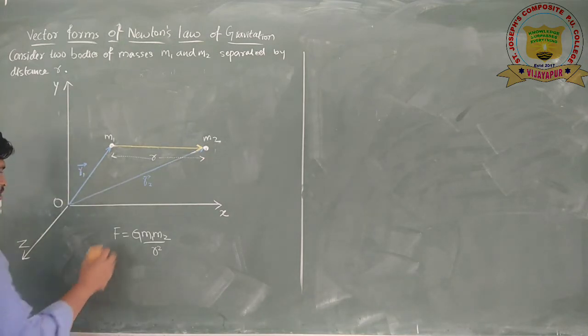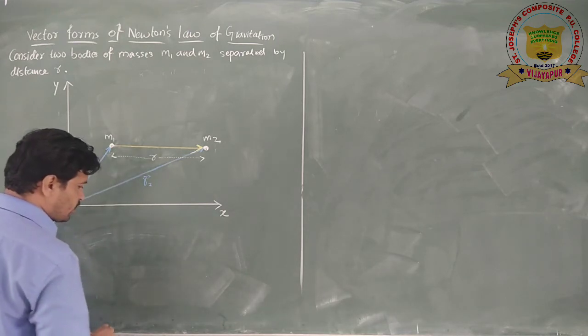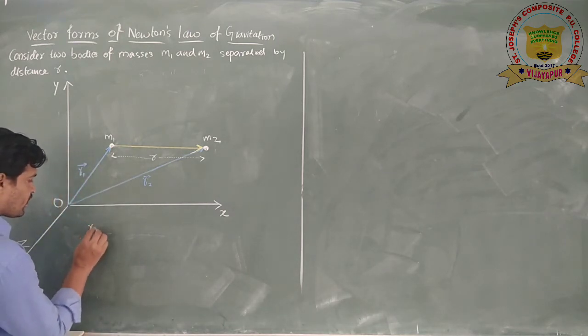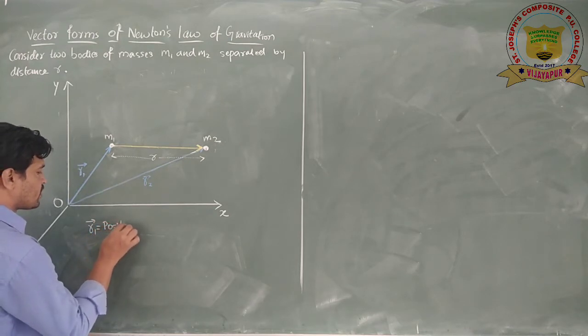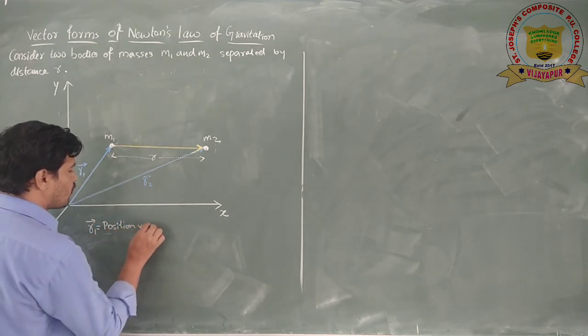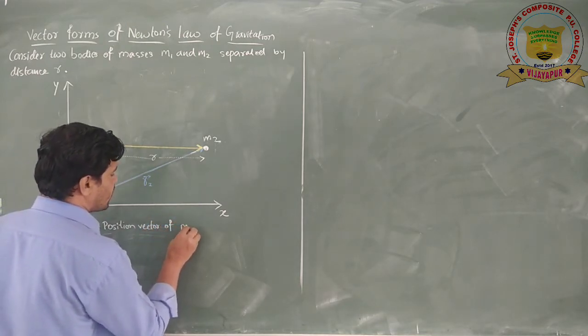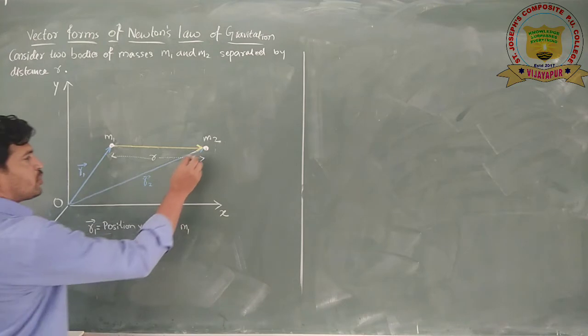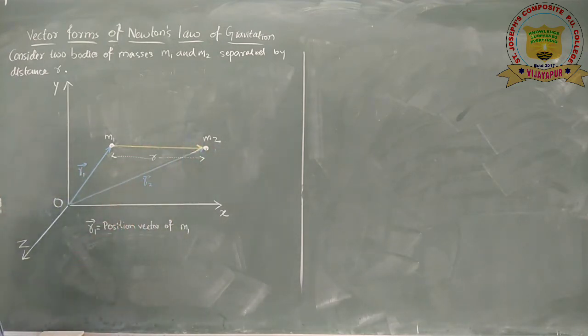So r1 is the position vector of m1, and then the position of m2 is represented using the position vector r2.